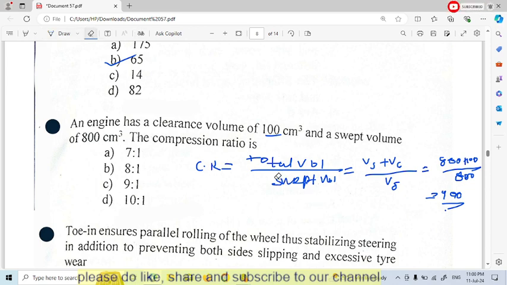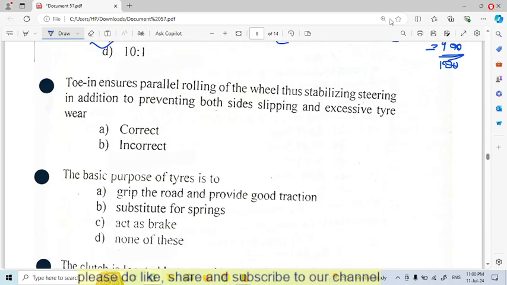This will be the clearance volume, that is 100. So 900 divided by 100, so 9 to 1. So option C is the correct answer. Okay.